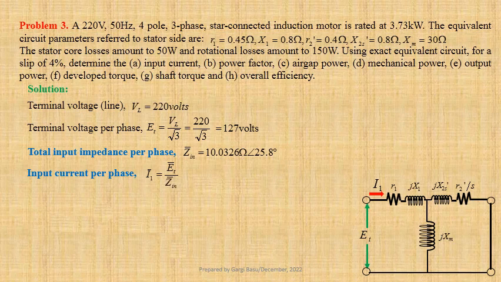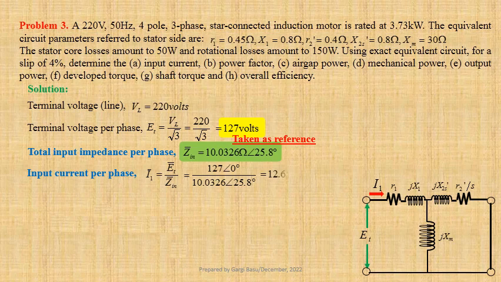Taking terminal voltage per phase ET as reference, we get I1 equals 127 at an angle 0 degree divided by 10.0326 at an angle 25.8 degree. That gives us 12.6587 ampere at an angle minus 25.8 degree.